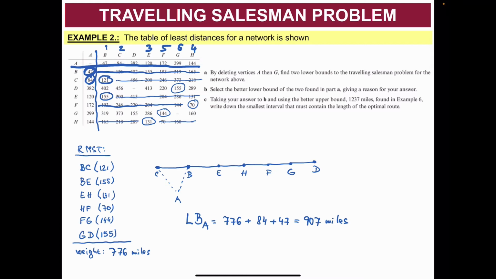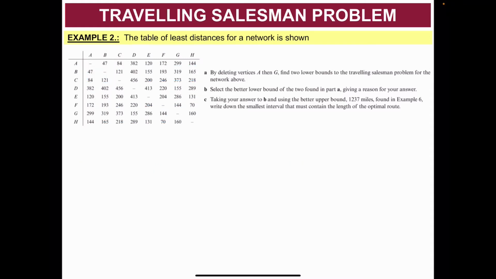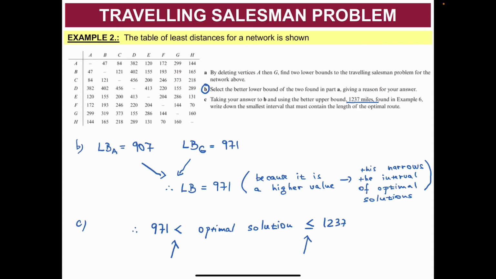Because it's not a Hamiltonian cycle, I know it's not the optimal solution. That's why I have chosen only the inequality sign without equal. However, for the upper bound, we are not sure. It might be an optimal solution, but I do not know that. So that's why I put the equal sign there.